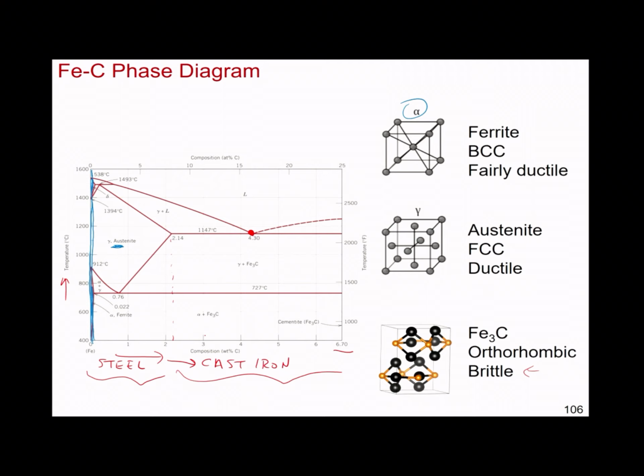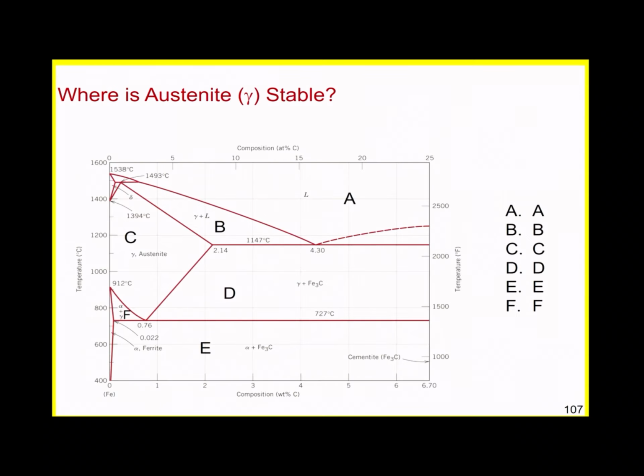And so if you're at this composition, let's say at 0.76 weight% carbon, and you're cooling down, you're going through the eutectoid temperature, and you'll get gamma going to ferrite plus cementite. And that's denoted here for you already. So, solid to two solids, eutectoid.